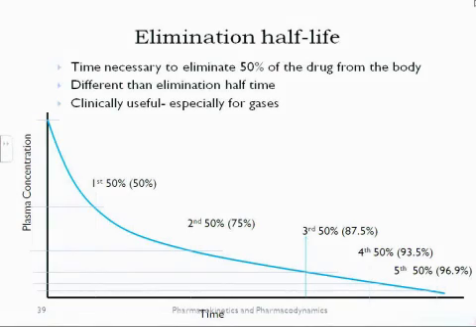So now 75% of the drug is going to be gone at that point, and you're down to 25 milligrams. The next 10 minutes, you're going to get another 50% decrement. 50% of 25 is 12.5. So at that point, you'll be at 87.5% destruction of medication. And usually by that point, most people have no effect.